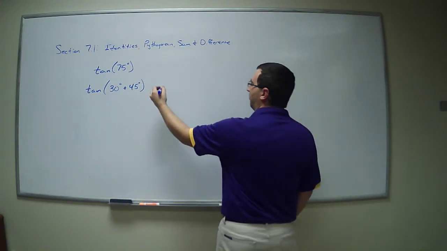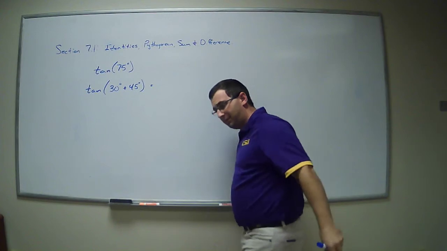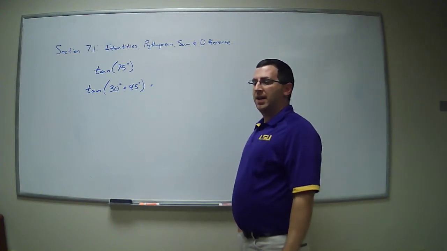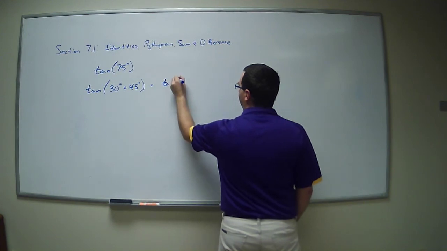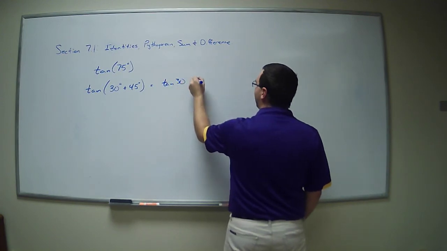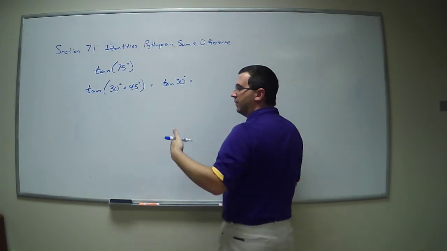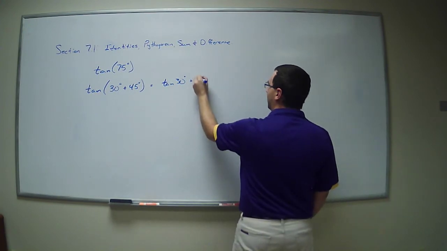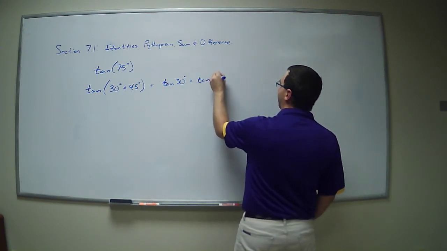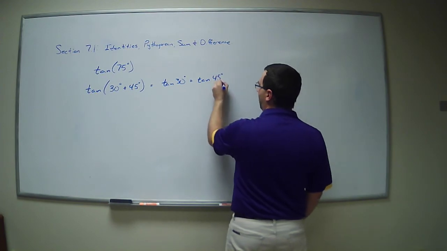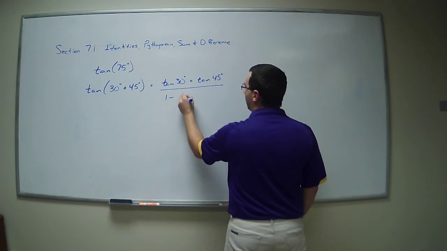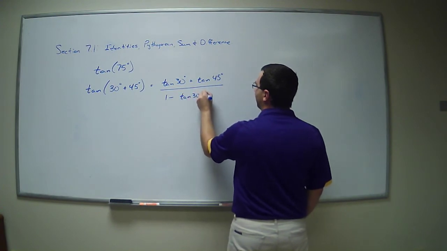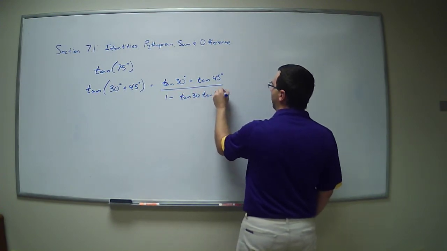All right, let's actually write this out. So it would be tangent of 30, plus, hopefully we can assume it's going to be degrees, tangent of 45 degrees, over 1 minus tangent of 30 times tangent of 45.